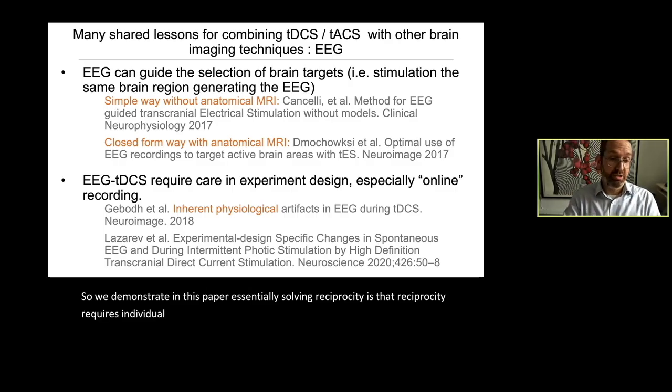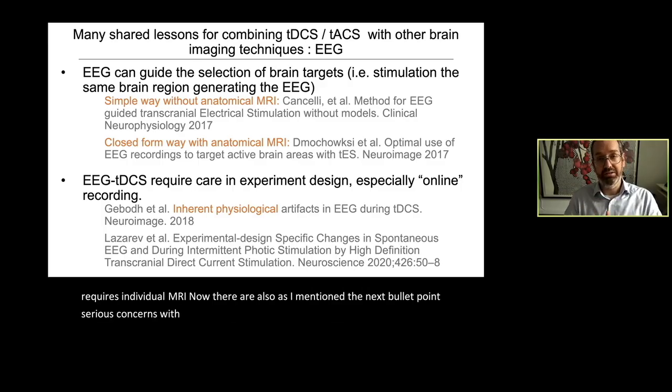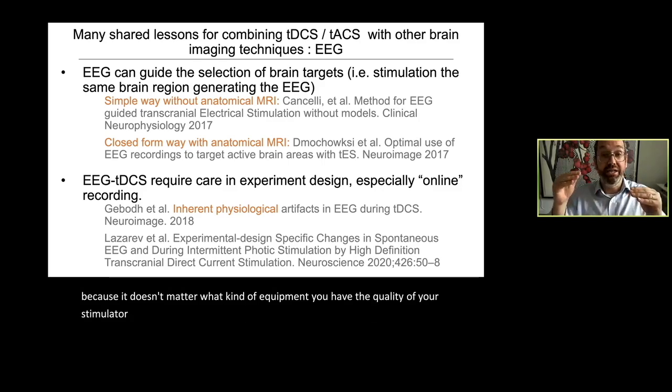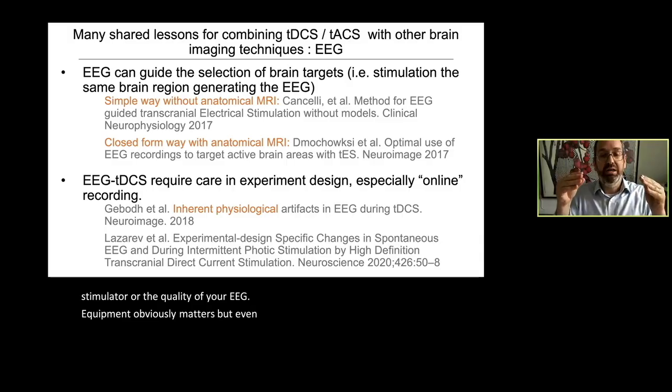Now, there are also, as I mentioned in the next bullet point, serious concerns with online EEG and TDCS, as well as online EEG and TACS. These things interact in complicated ways. We call them inherent physiological artifacts because it doesn't matter what kind of equipment you have. The quality of your stimulator or the quality of your EEG equipment obviously matters, but even with ideal performance, these artifacts are inherent.